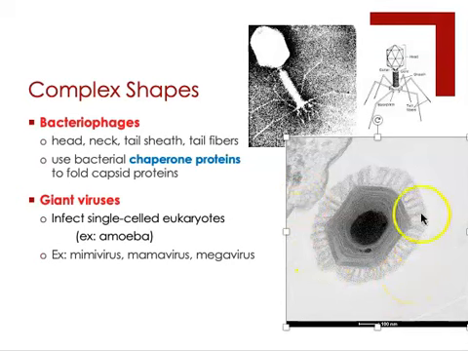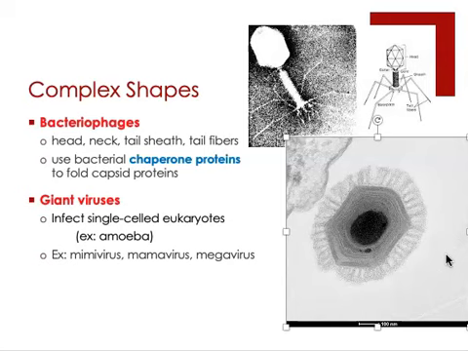So many scientists thought they were just some unique type of bacteria or perhaps another type of microbe. It wasn't until very recently that scientists discovered giant viruses inside of amoeba and were able to do the work necessary to show that these are not living cells, these are just complex shaped viral particles.